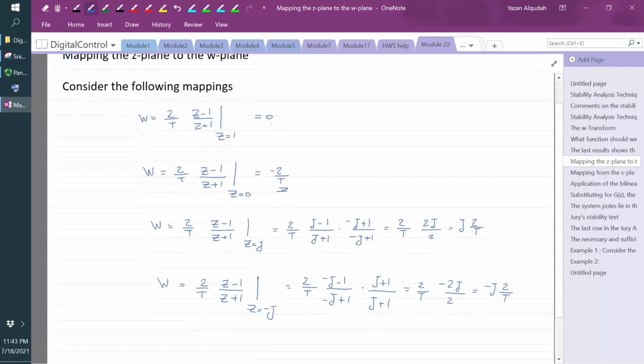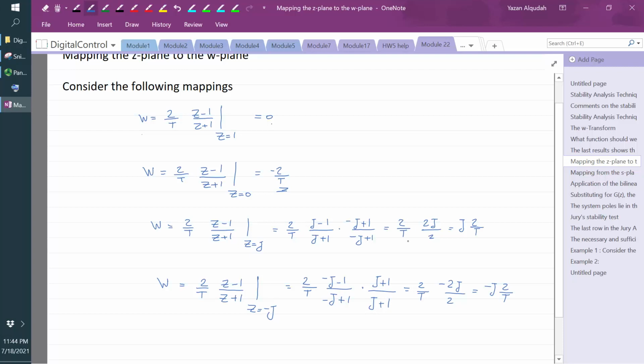What happens if I take z equal to j? w is going to equal 2 over T, z minus 1 over z plus 1, so 2 over T, j minus 1 over j plus 1. I can multiply by negative j plus 1 over negative j plus 1.